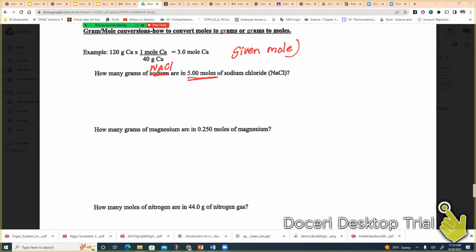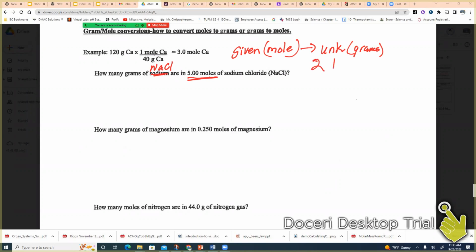Given is in moles. And my unknown, or what I want to get to, is grams. And grams or mass mean the same thing. So sometimes it'll say grams and later on it'll say mass. That means the same thing.